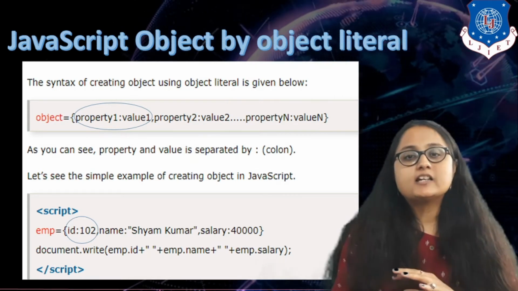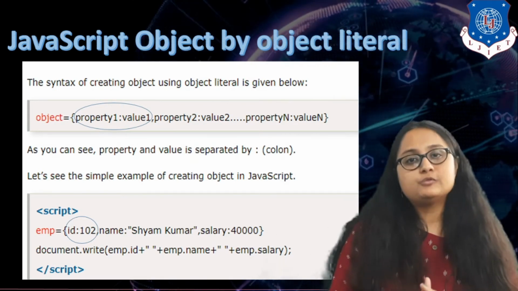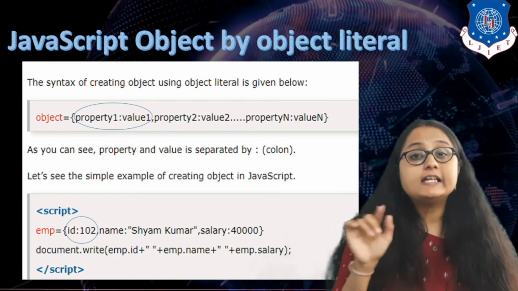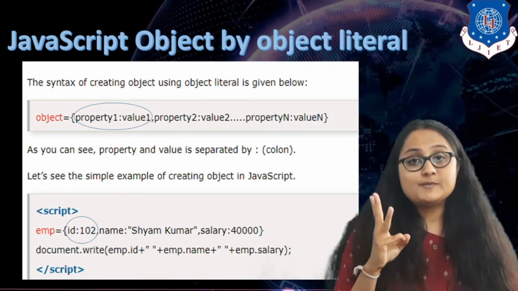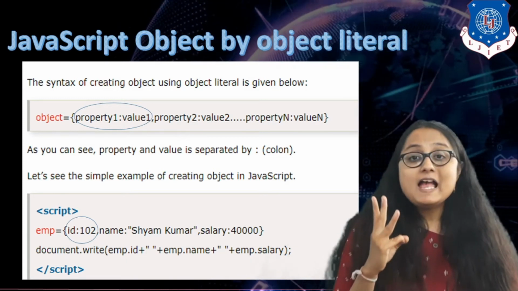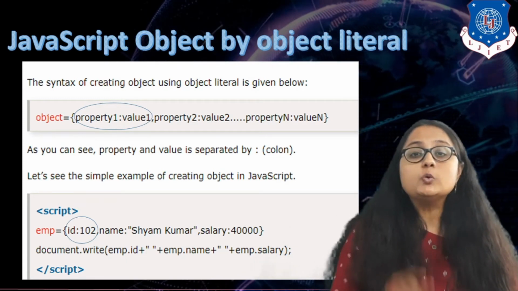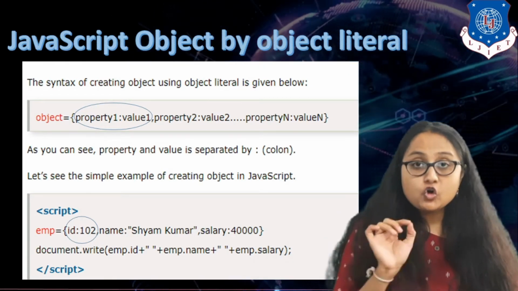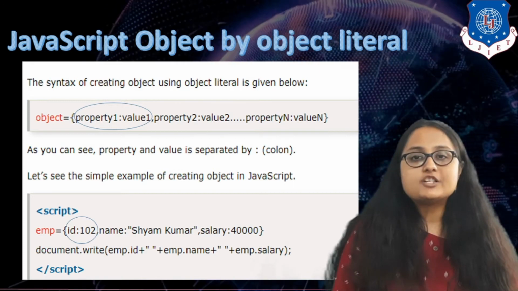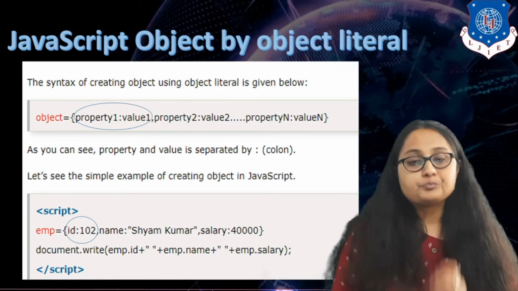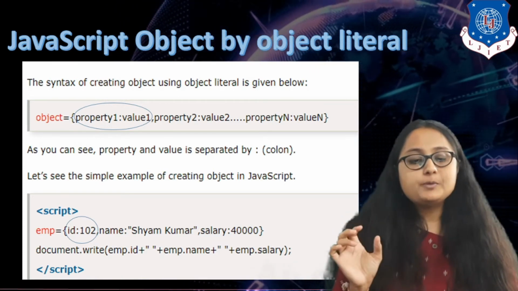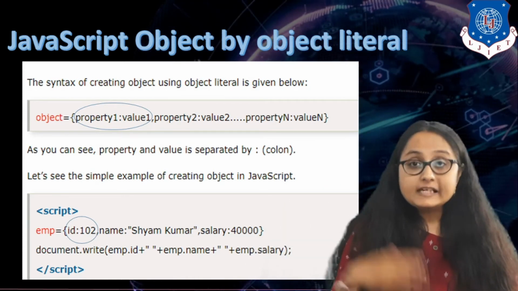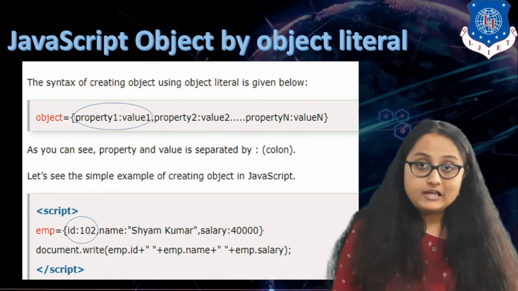We are assigning the object directly to emp. In curly braces I have specified 3 properties and 3 values. The first property is id colon 102, comma, the second property is name, and then I have attached a property value to name.